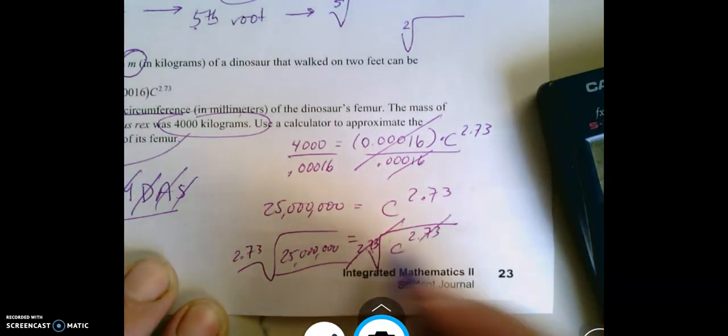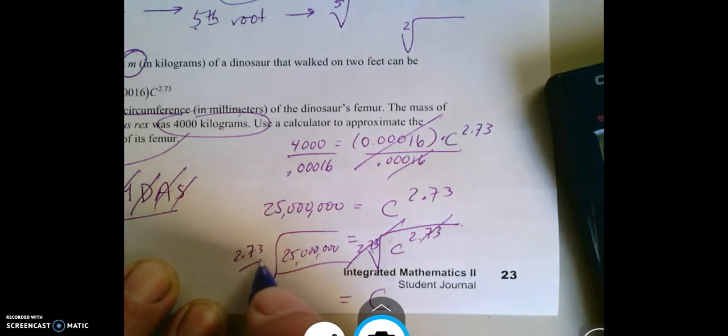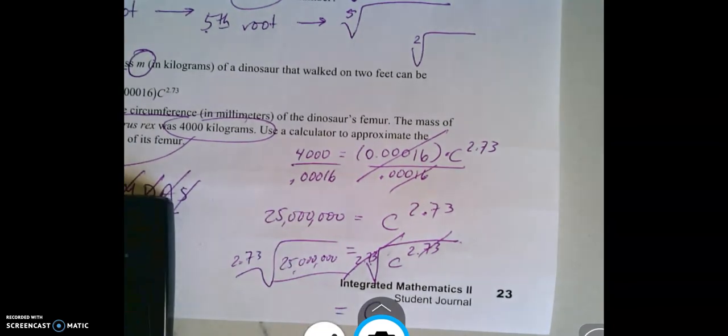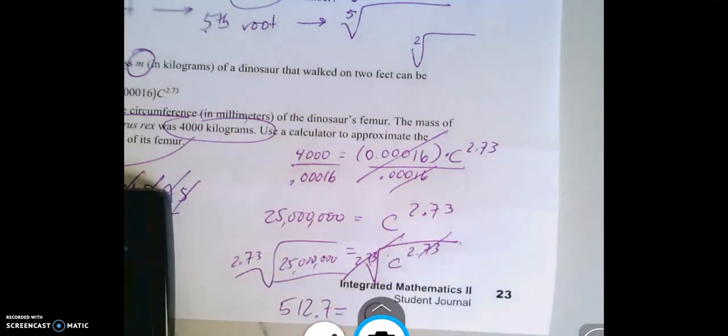That cancels. 2.73 cancels 2.73. You just have C. But 2.73 power root of 25 million, yeah, I don't know how to do that. So I'm going to put 2.73 root of 25, 1, 2, 3, 4, 5, 6, should give you about 512.7. All right. So for some of these, we definitely need a calculator.